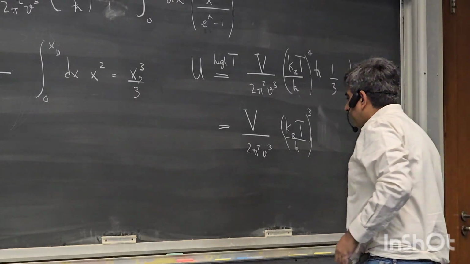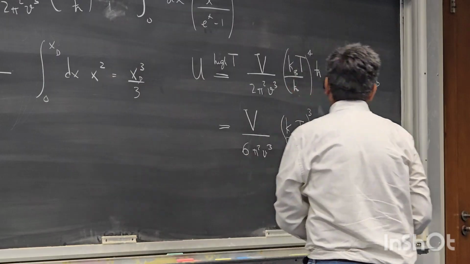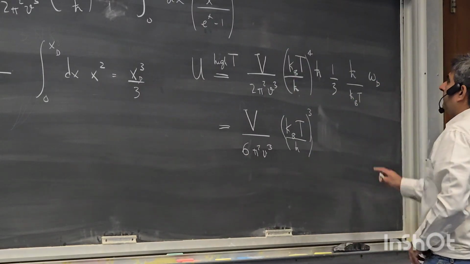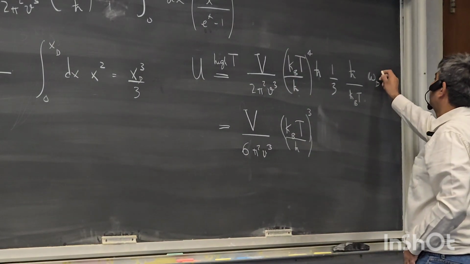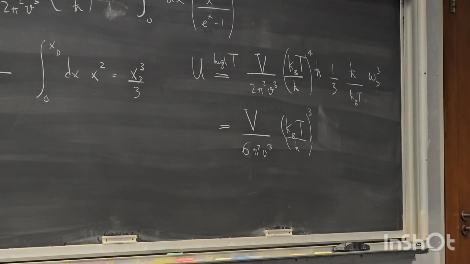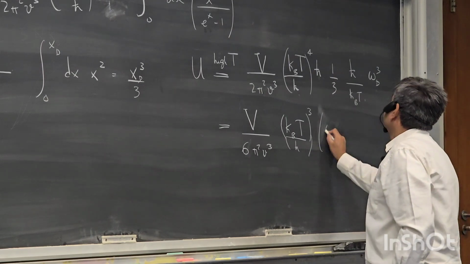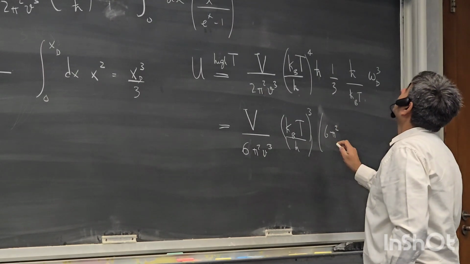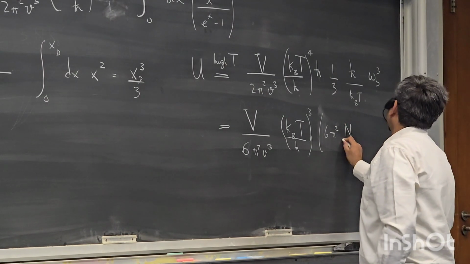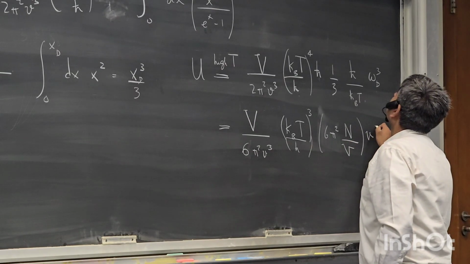And with 1 over 3, I get a 6 here. This is omega d cube, right? So omega d cube is 6 pi square n over V times speed cube.